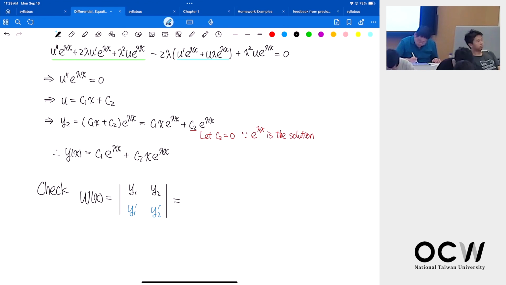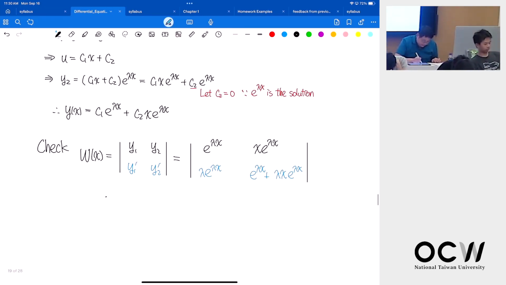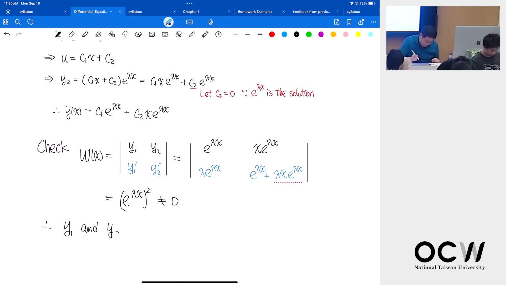That gives you e to the lambda x and x times e to the lambda x, lambda e to the lambda x, and e to the lambda x plus lambda x e to the lambda x. This gives you e to the lambda x squared. It is definitely not 0. So y1 and y2 are linearly independent.